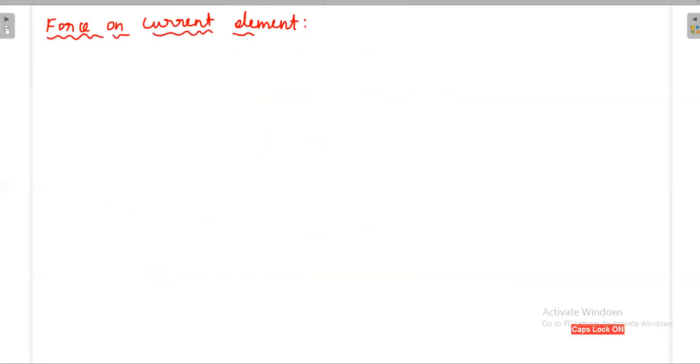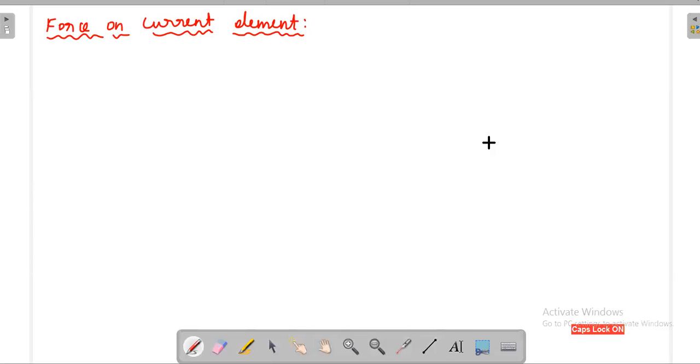What is the idea? This is my conductor carrying the current I.